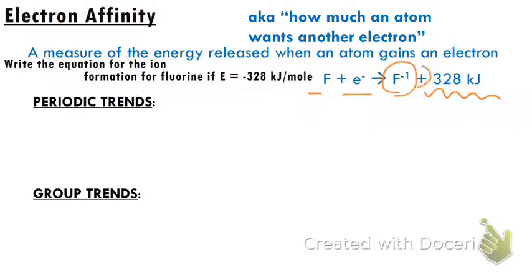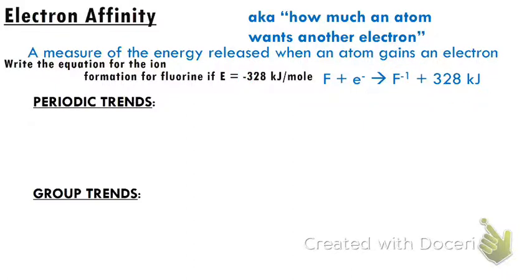What I wanted to point out is that this is a positive sign, even though this is a negative sign. Here, that negative means that energy is being lost or given up by fluorine, but we never have actual negative signs in our chemical reactions. So, just introducing that idea early. We're going to study chemical reactions and their energies a lot later next semester. So that's our equation there.